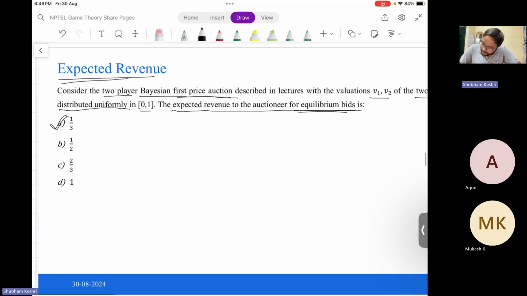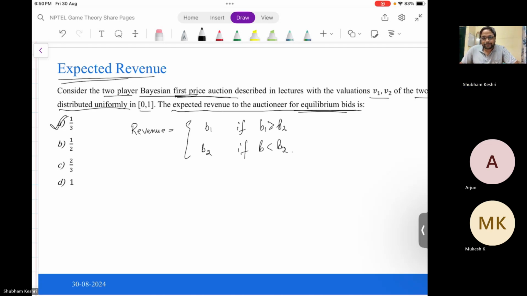All right. So in the first price auction, what is the value the auctioneer will get? I'll write revenue. He will get B1 if B1 is greater than B2, and he will get B2 if B1 is less than B2. Is this all right? Yeah. So this combined can be written as the maximum of B1 comma B2.